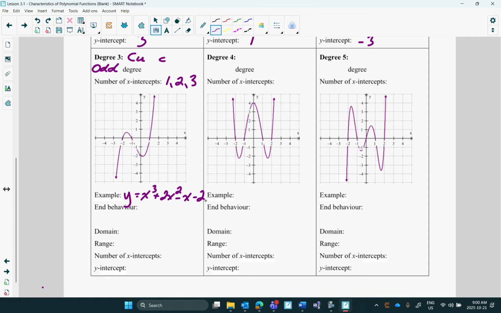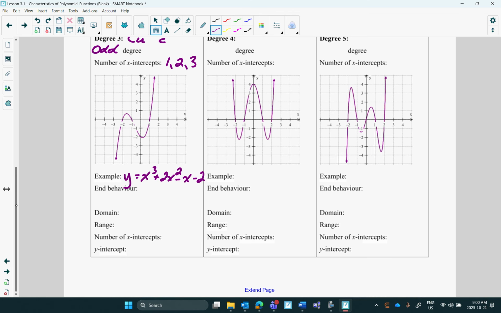What's the end behavior? Name the point. Like I usually go, okay, what's happening on the left side? What's happening on the right side? Down quadrant 3, up quadrant 1, extends down quadrant 3, up quadrant 1.